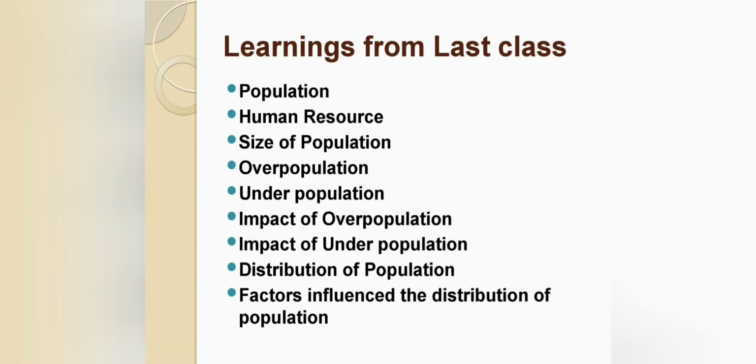So children, here you can see the learning from the last class, what we have learned in the last class. Population, what we call the population. Human resources, what are the human resources, size of population, overpopulation, underpopulation, impact of overpopulation, impact of underpopulation, distribution of population, factors influencing the distribution of population.